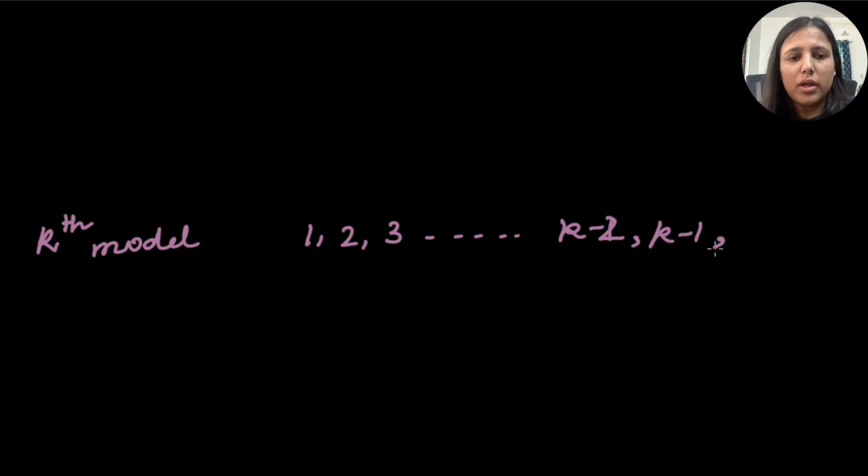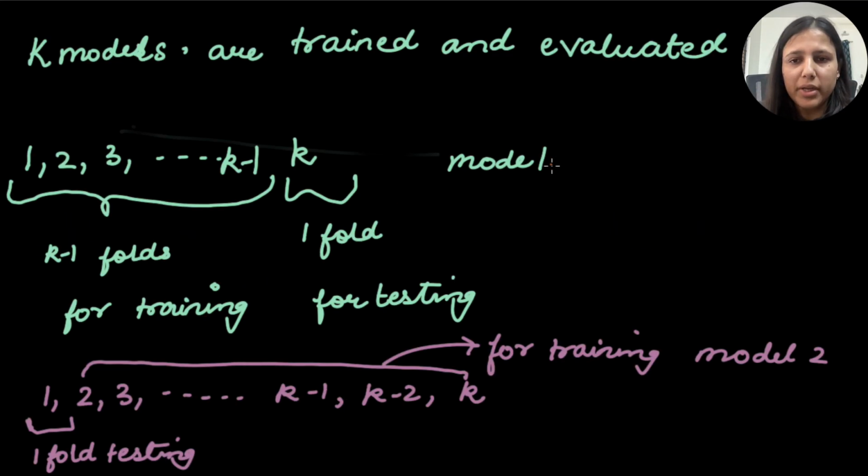So when you are training the Kth model, how will you train? You have 1, 2, 3, up to K minus 2, K minus 1 and K. So you can see the pattern here. Whenever I am training model 1, this is an exceptional case. When I am training model 2, I am using the K minus 1th fold for testing.